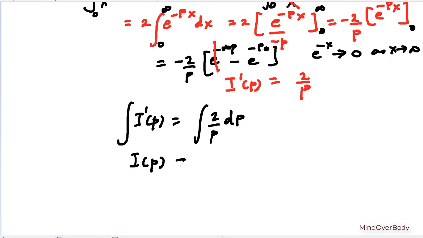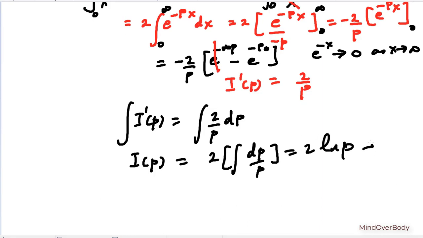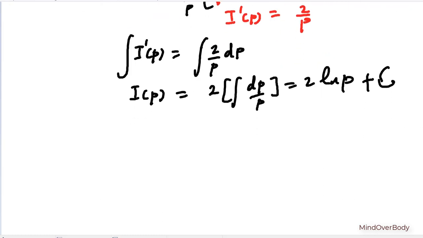On the right hand side I would have 2 times the integral of dp over p, which when you integrate you will get ln of p. Since it's an indefinite integral, you have to add the arbitrary constant c. So I of p is equal to 2 times ln p plus arbitrary constant c.